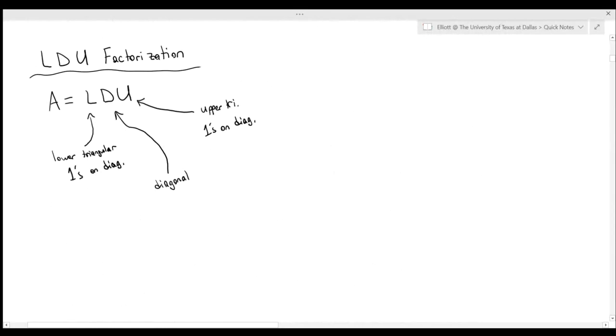It's difficult for me to copy and paste, unfortunately, so I'm just going to continue recopying the matrices that we found earlier. So again, this was the matrix A that we had. And this is the L and the U from the LU factorization.